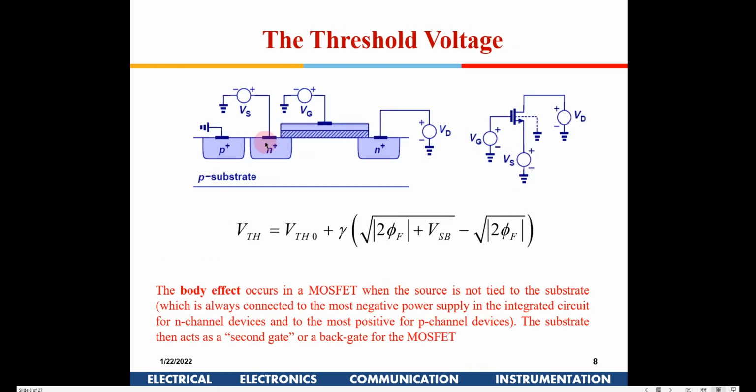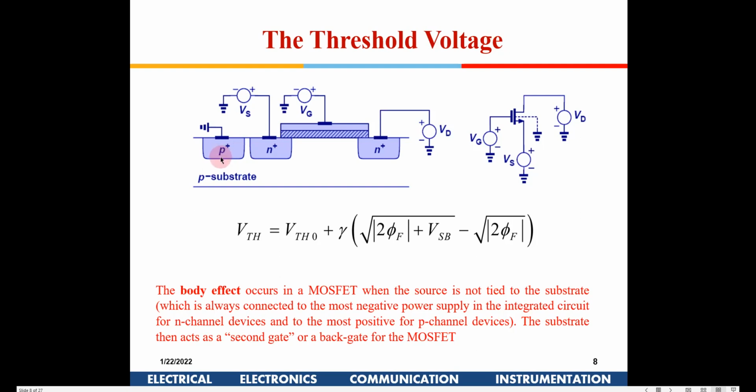But that need not be the case, for example when we make a NAND gate, the second NMOS which is on top, its source is not grounded, so there could be a potential available there.